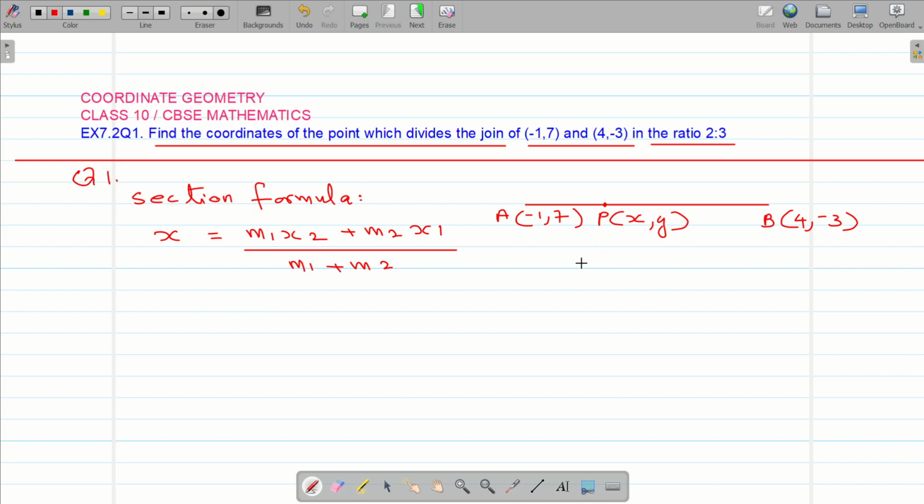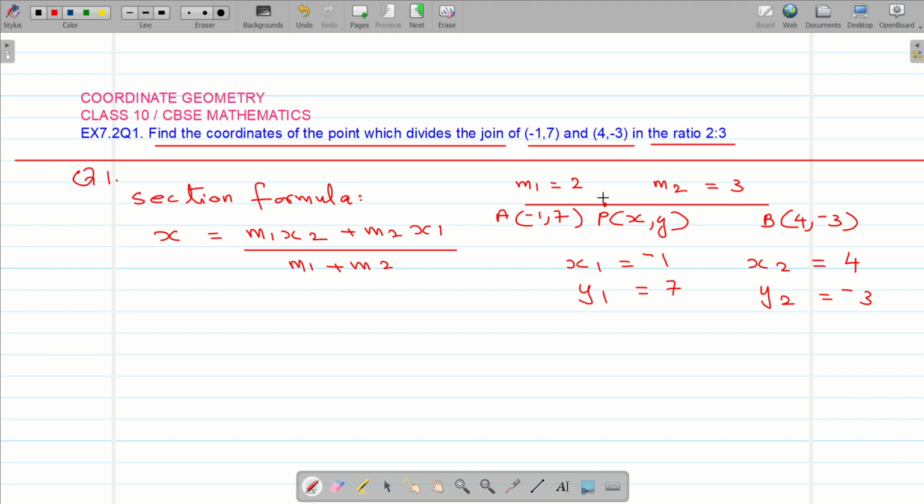And in this question, x1 is equal to -1, y1 is equal to 7, x2 is equal to 4, y2 is equal to -3. m1 is equal to the ratio, first one, 2, m2 is equal to 3.